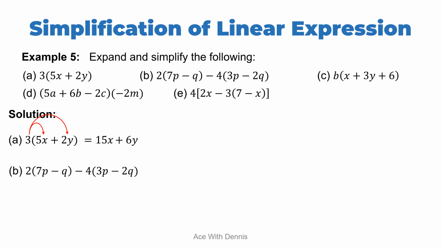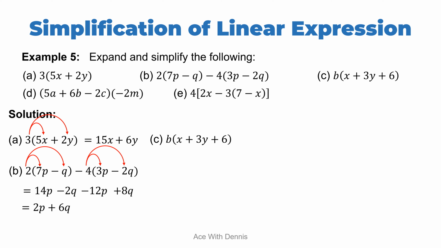For this example, you have to be careful with the minus sign here. 2 times 7p, we get 14p. 2 times negative q, we get minus 2q. Then, minus 4 times 3p, we get minus 12p. Minus 4 times negative 2q, we get positive 8q. So we simplify, we have 2p plus 6q.